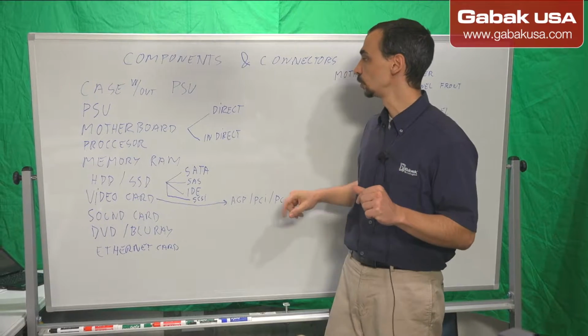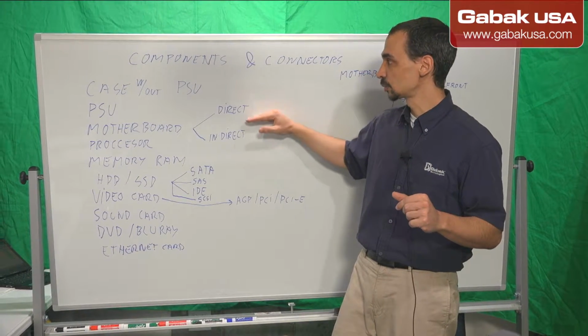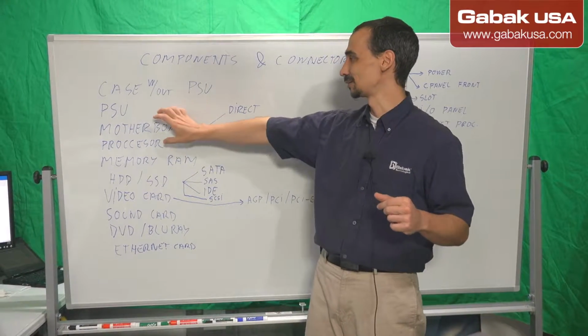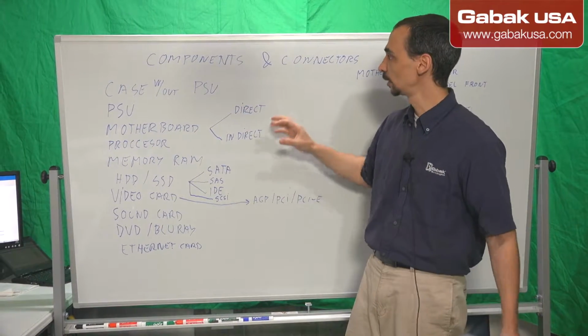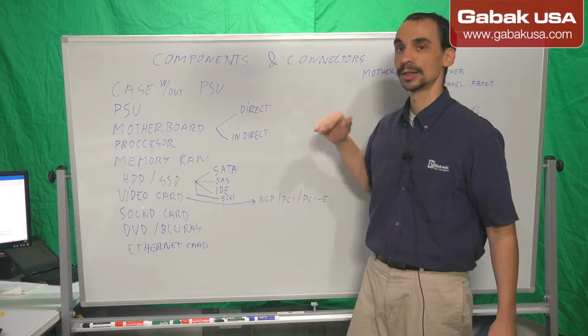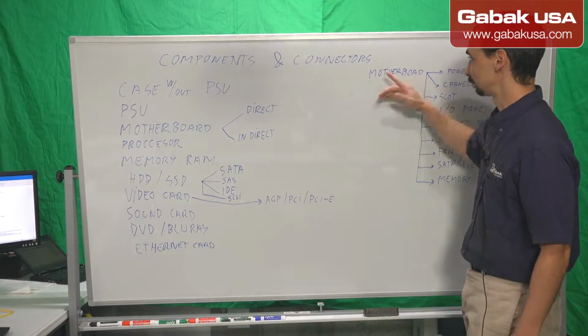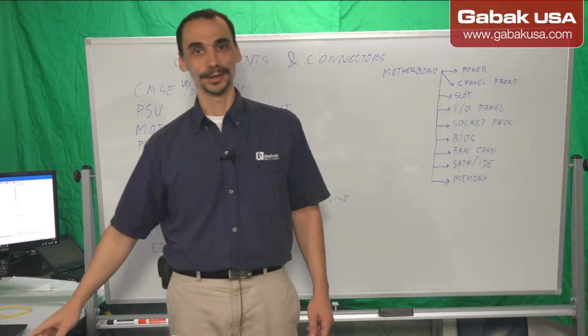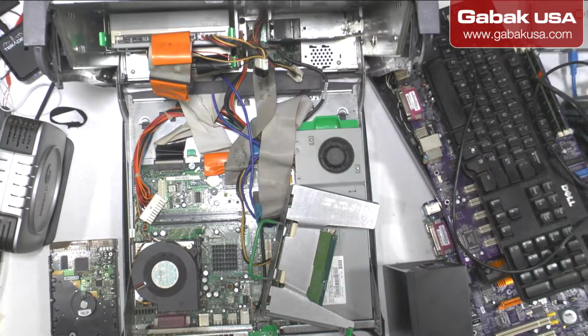So I'm going to show you a little bit of that. Also, you will recognize the motherboard because now you're going to see what a motherboard is, and also the connectors that I said before, like I'm going to show you on this side of the whiteboard. So let's see the motherboard so you can see it.